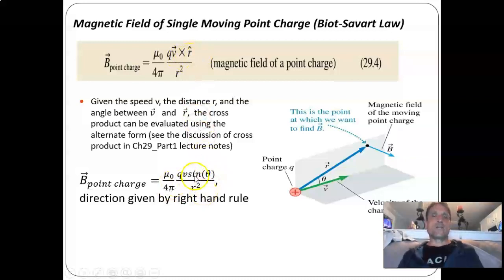So if you're given the magnitudes of q, v and r, and the angle between, we can use the other definition of the cross product. This gives the magnitude of the field, and then the direction is given by the right-hand rule, where we curl V into R, and the thumb gives the direction of B.